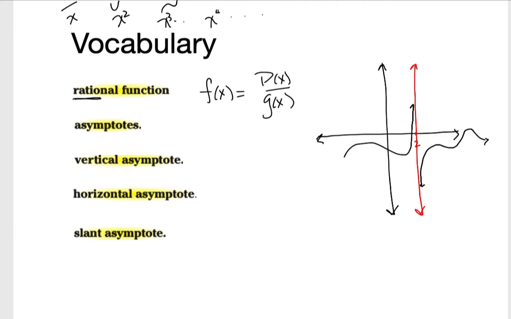A horizontal asymptote, maybe I'll do in green, is going to be a little bit different. It has that same feature of getting closer and closer to a particular thing. But when you have a horizontal asymptote, you can sometimes cross it. Let's say this graph has a horizontal asymptote like there.